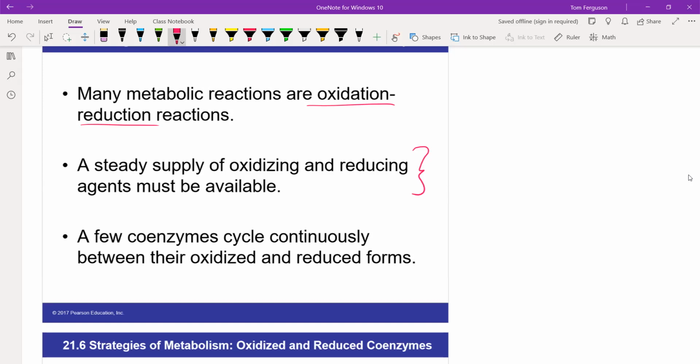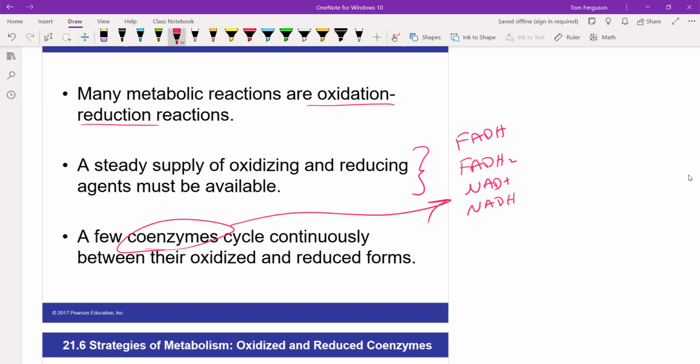You have to have two reactions going on simultaneously at all times, no exceptions. So that's why the body needs to have a lot of these FADHs and NAD pluses around. These are oxidizing agents, and they're also called coenzymes, because they work simultaneously with the enzyme to produce the oxidation reduction reaction.